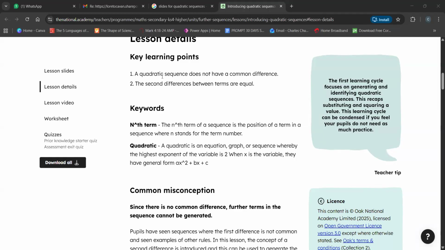It's not the same through the sequence. So, once you understand that, what it means is that you will expect a difference, but expect that difference not to be the same.